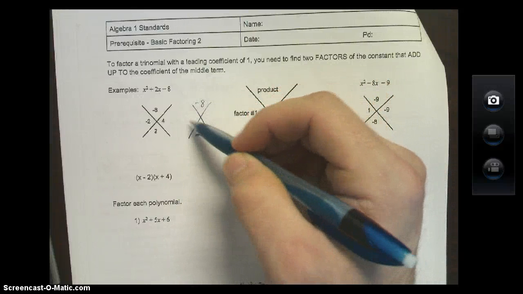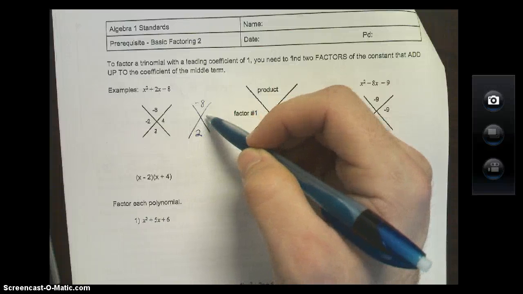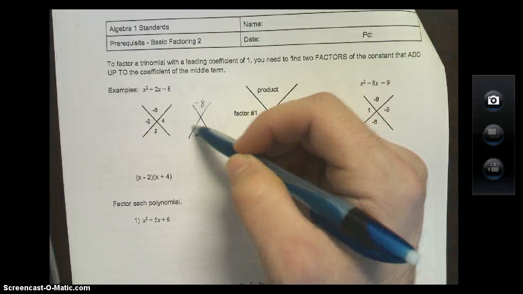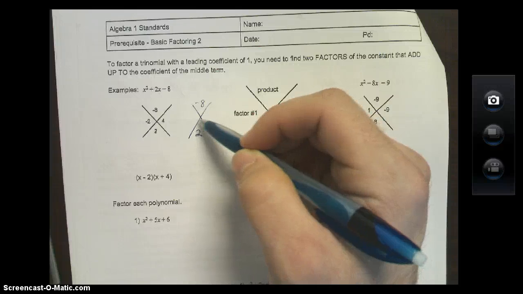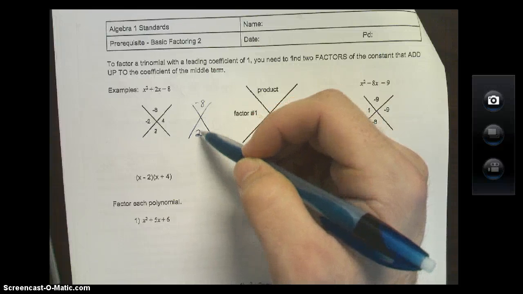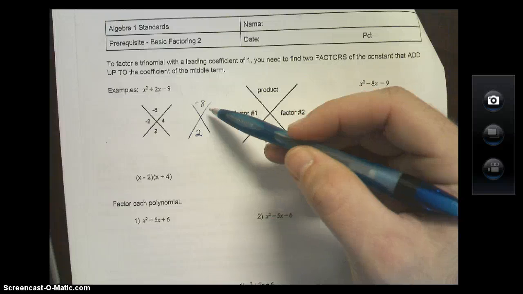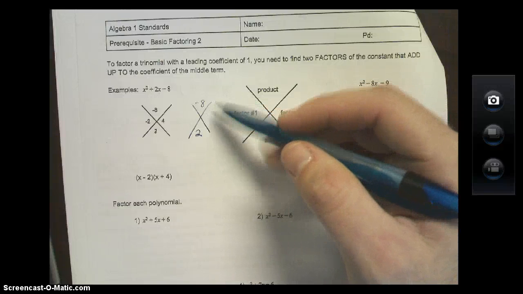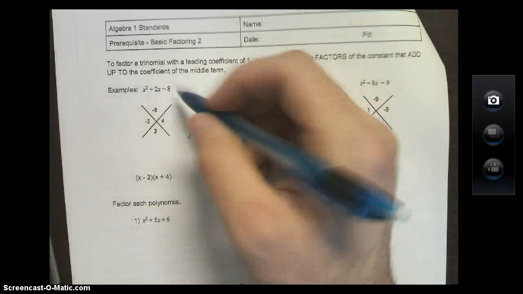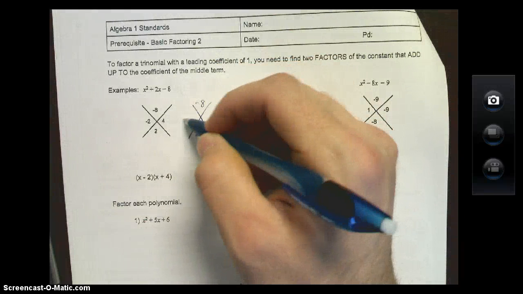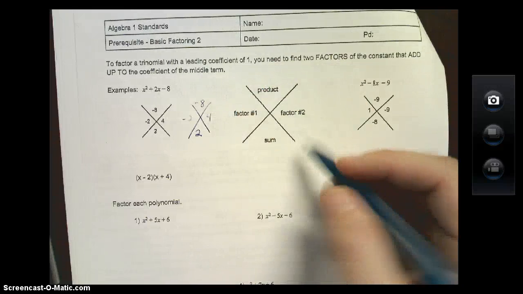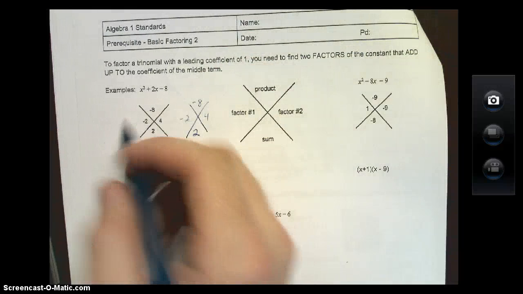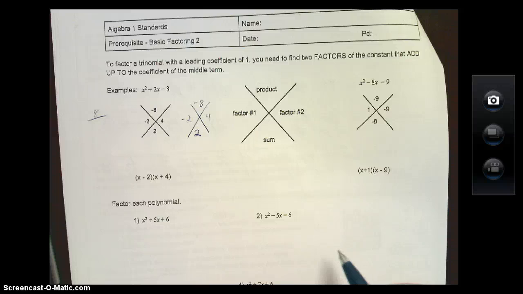What numbers multiply to give you the top number, but if I combine them by adding, give me the bottom number? Numbers that multiply to give you 8, you can think of 1 and 8, 2 and 4. Obviously, when you look at it, we're going to stick with -2 and 4.